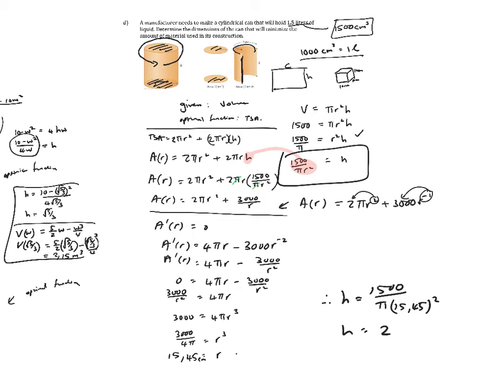So the radius is equal to that, and the h is equal to that. That will optimize, to minimize the material use.